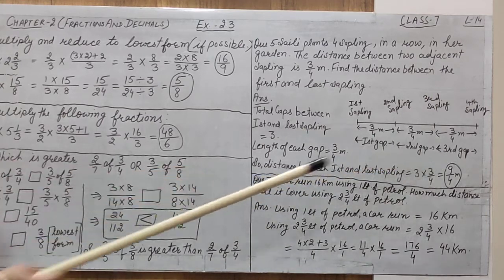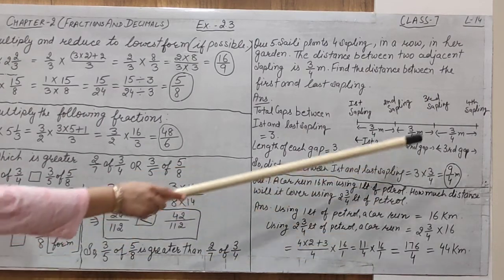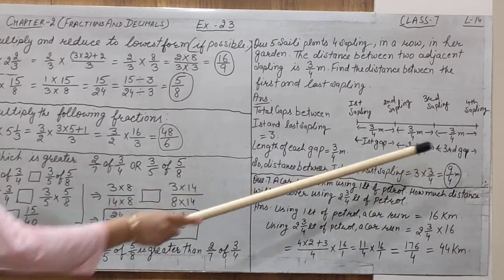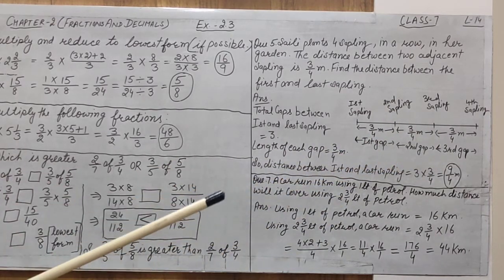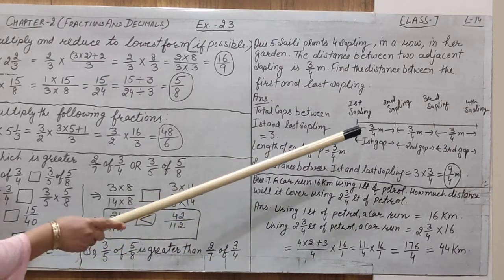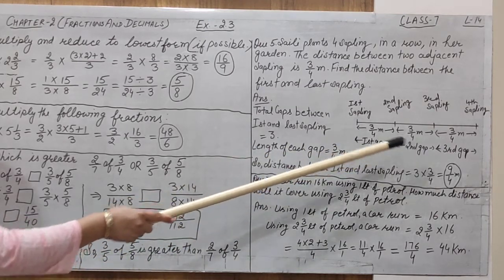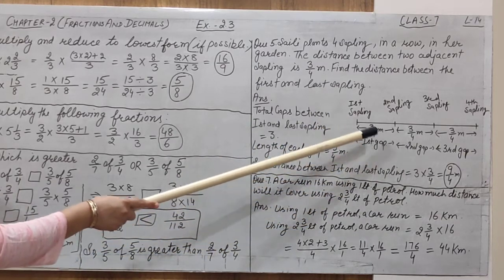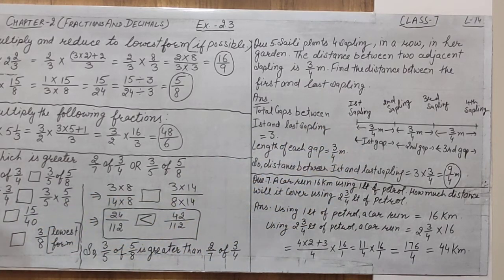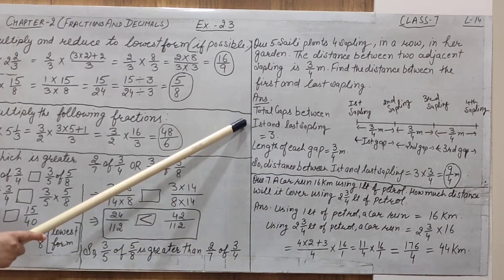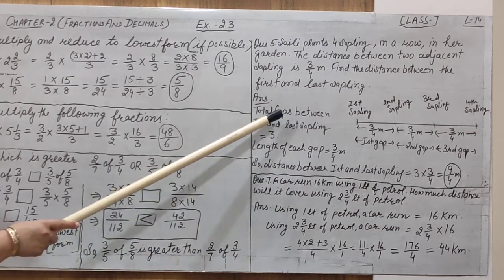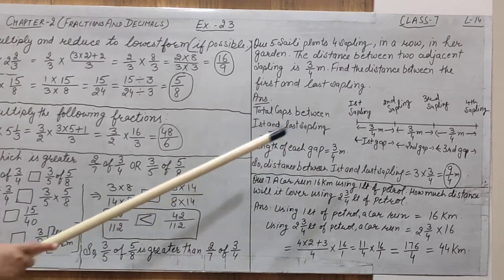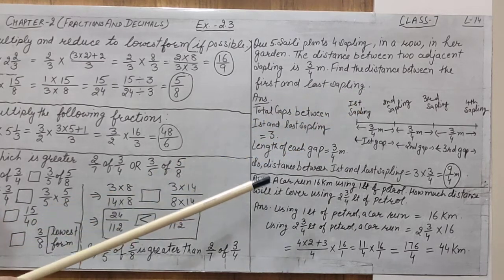This is the third gap, between the third and fourth sapling. So there are a total of 3 gaps between the saplings, and every gap is 3 by 4 meter. The distance of every gap is 3 by 4 meters. Now, let us start the answer. Total gaps between first and last, because we have to find the distance from first to last.